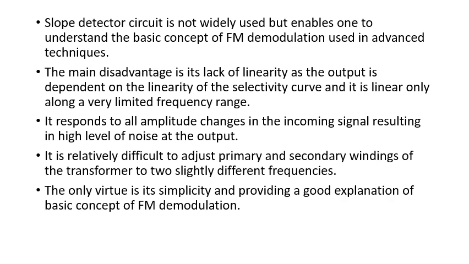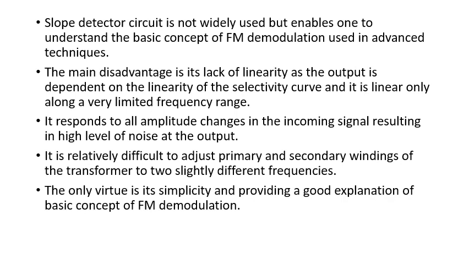The other disadvantage is that it is very difficult to maintain two different tuned frequencies, or two different resonant frequencies, in a single transformer. As we have seen, we are using a transformer where the primary coil is tuned at frequency Fc and the secondary winding is tuned at frequency Fc plus delta F. So it is quite a difficult task to maintain two different resonant frequencies of a single transformer.